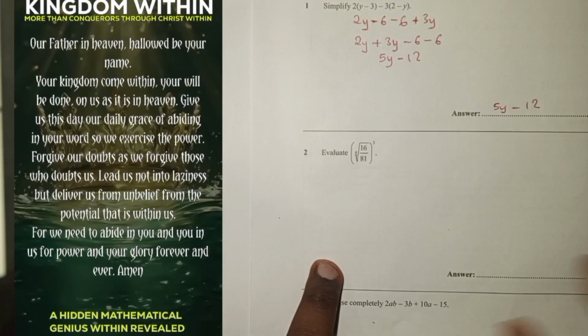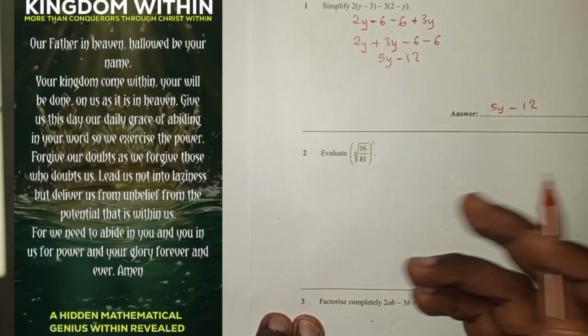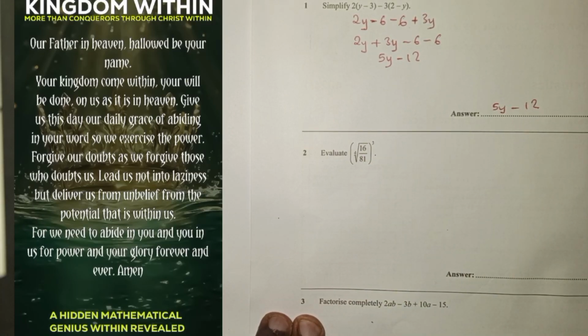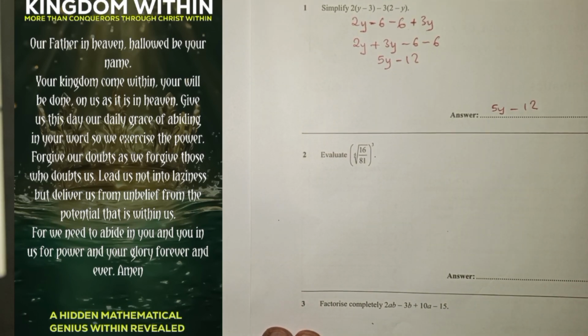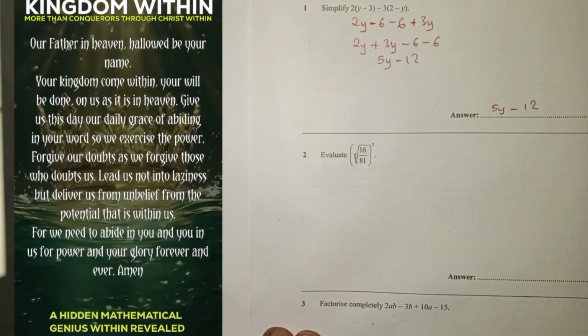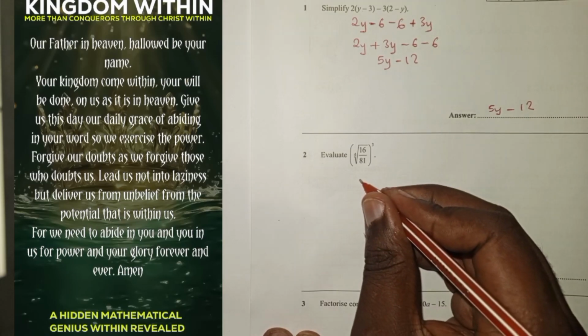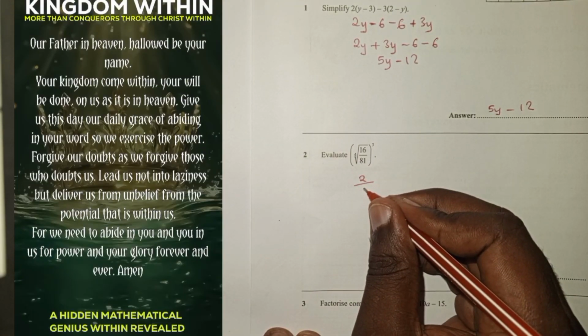Question 2, evaluate the fourth root of 16 over 81, all to the power 3. We know that the fourth root of 16 is the number you can multiply 4 times by itself to get 16, and the fourth root of 81 is the number you can multiply 4 times by itself to get 81. The fourth root of 16 is 2 and the fourth root of 81 is 3.